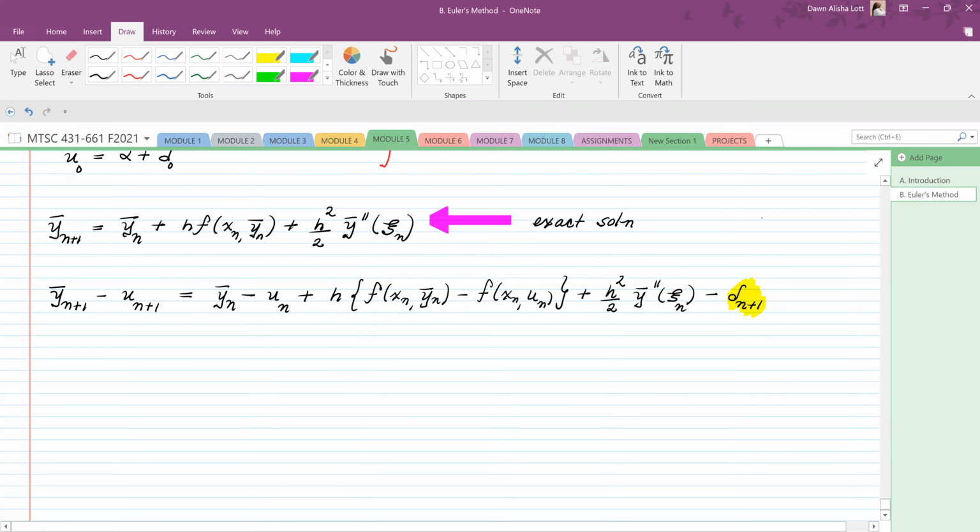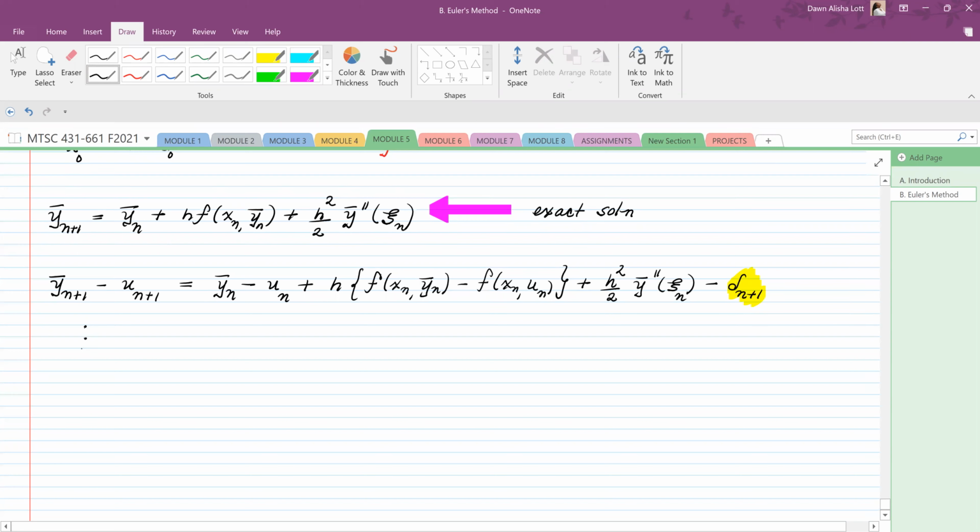And I can do the same thing as I did before, go through this whole thing, and then I can start looking at the errors.